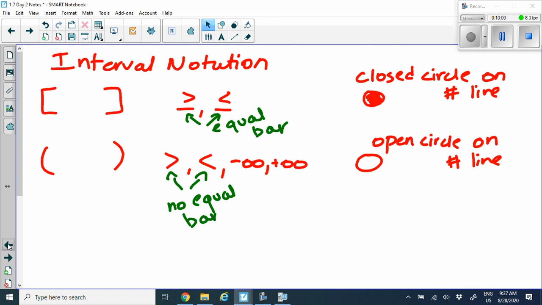Remember, it's a closed circle on the number line when we have equal bars on our inequalities. It's an open circle when we don't have equal bars.